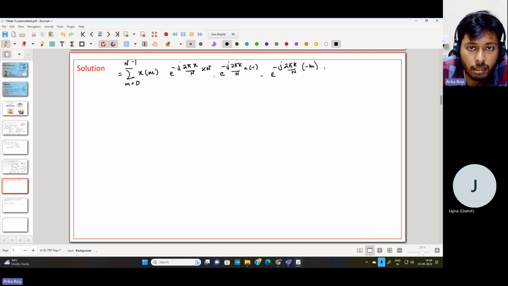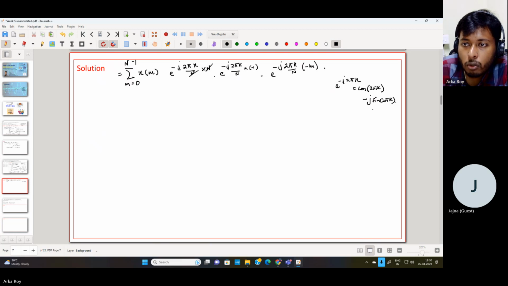Now I can see that n will cancel with each other, and e to the power minus j 2 pi k is equal to cos 2 pi k minus j sine 2 pi k. So this is basically 0, and cos 2 pi is equal to 1.